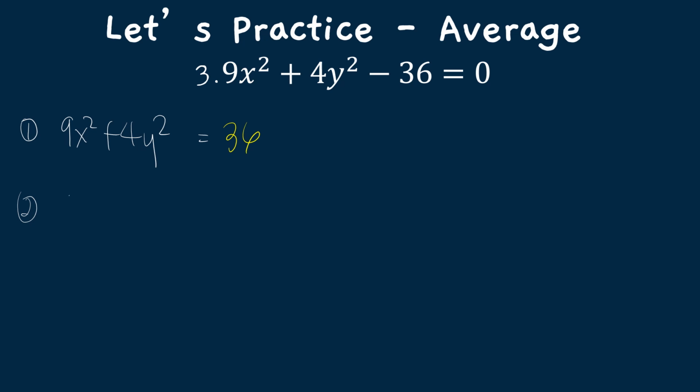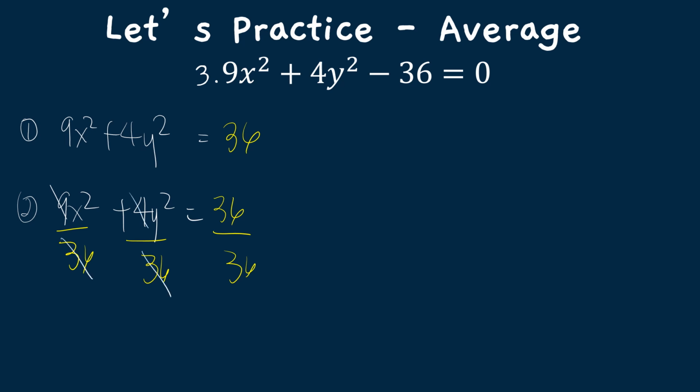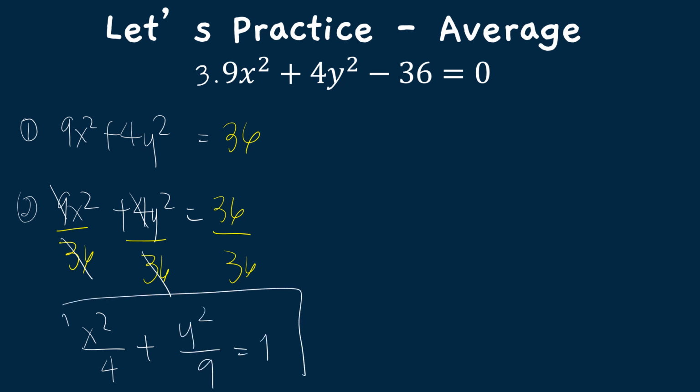So we need to proceed to the last part of our solution by dividing the whole equation by the constant 36. And therefore, your final answer would be canceling out the constant numbers such as 9, 4, 36, and 36. So it will result into x squared over 4 plus y squared over 9 is equal to 1. Therefore, this is your final answer.